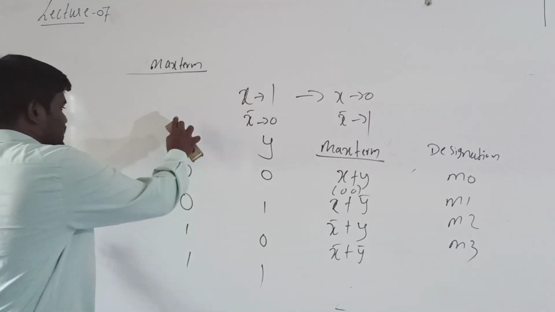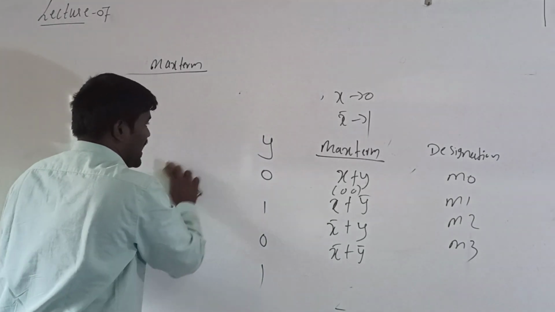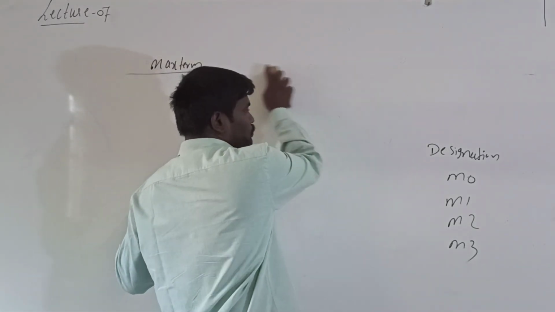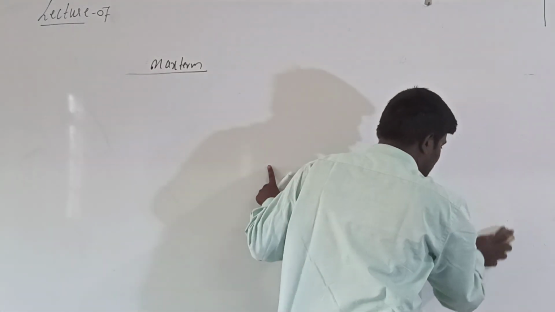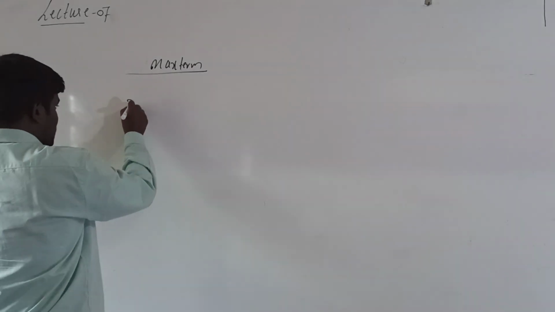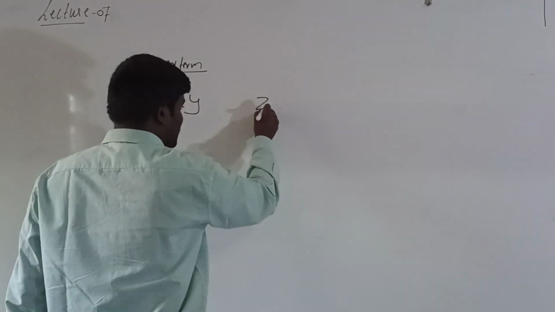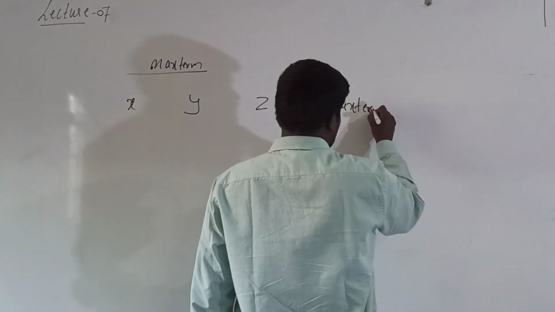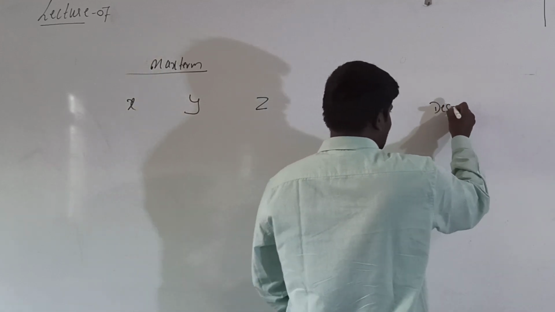So now I have to write the 3 variable max term. These 2 are very very important for solving the K map, that is Karnaugh map. x, y, z, max term and designation.